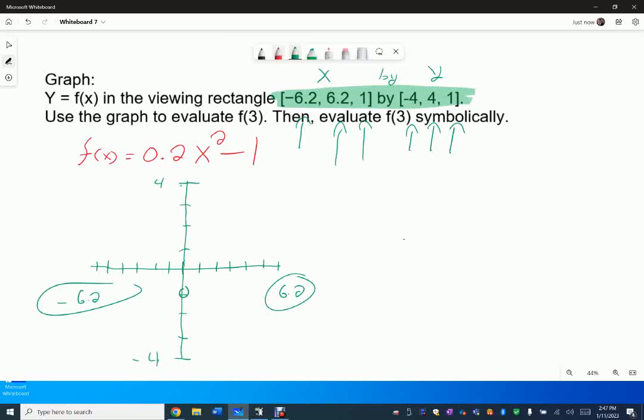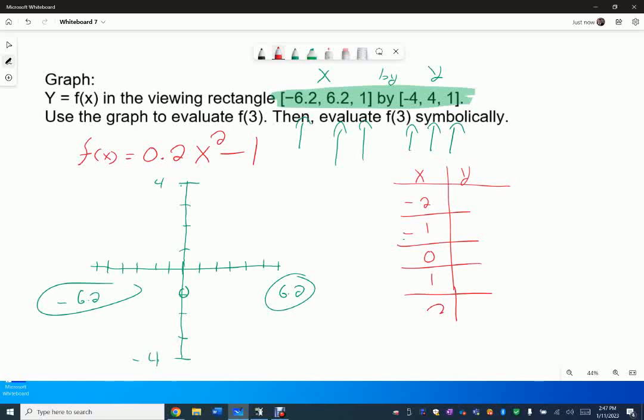Now our graph, if you can graph this by hand, and I'm not going to spend a lot of time on this, but I'm just going to make a table. Let's make some x and y values. I'm going to do it by calculator, but everything can also be done by hand. If I plug in a couple of values to get an idea of what this looks like, we'll do negative 2, negative 1, 0, 1, and 2.